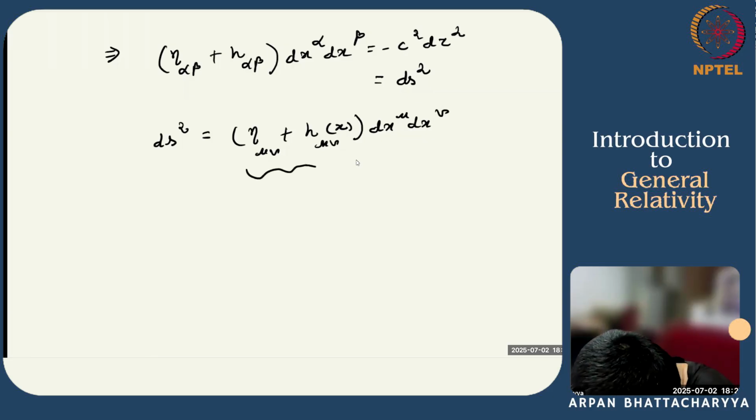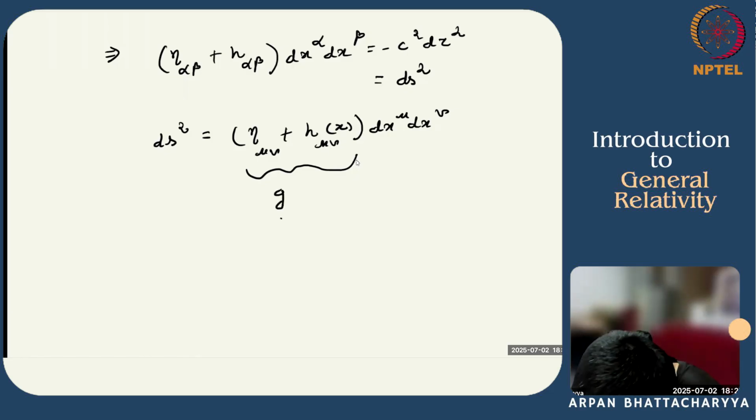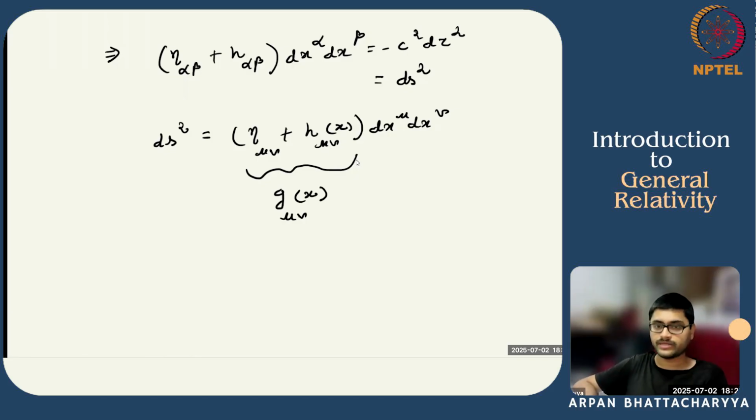And now you can identify that due to the presence of this gravity, which is reflected through h mu nu, the Fierz-Pauli field, the space-time interval ds square has changed. It is not just eta mu nu, but eta mu nu plus some h mu nu. It is in general a function of x. So this has now given rise to some arbitrary metric tensor, components of which we will denote as g mu nu, which will in general be a function of x.